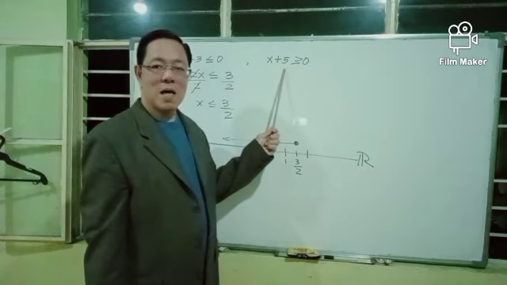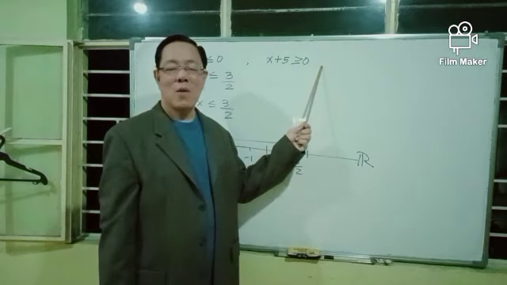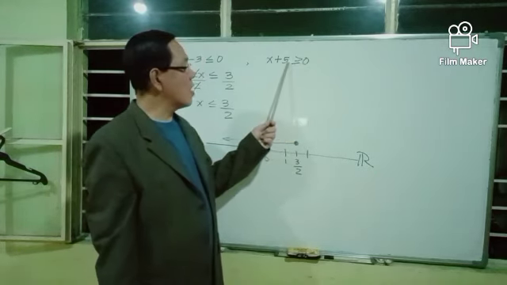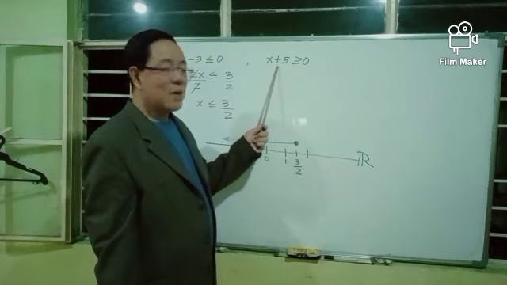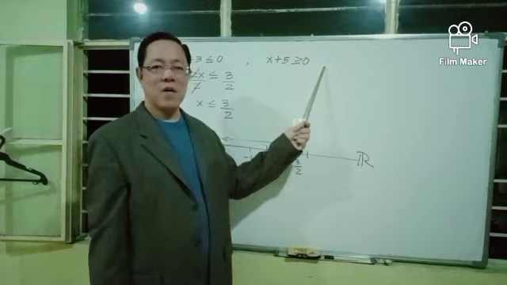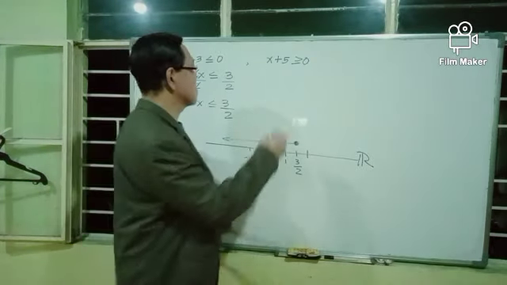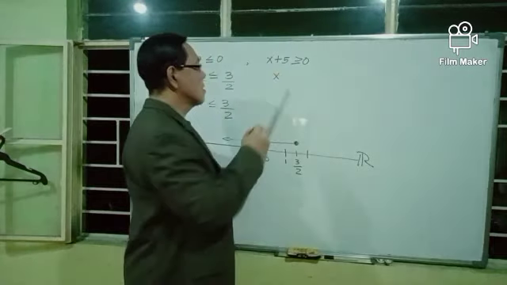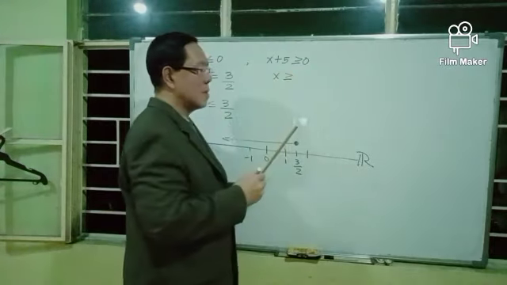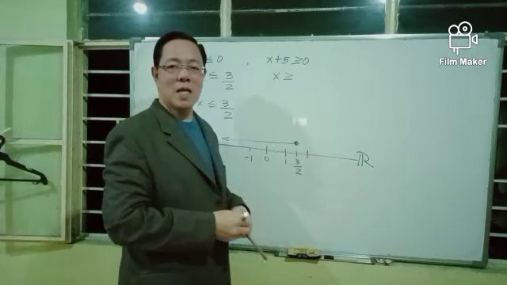But we simply, again, transpose positive 5 to the right hand side. And when we do that, we take the opposite sign of the term. From positive 5, you transpose it to the right, it becomes negative 5. And at the left hand side, we have x greater than or equal to negative 5.